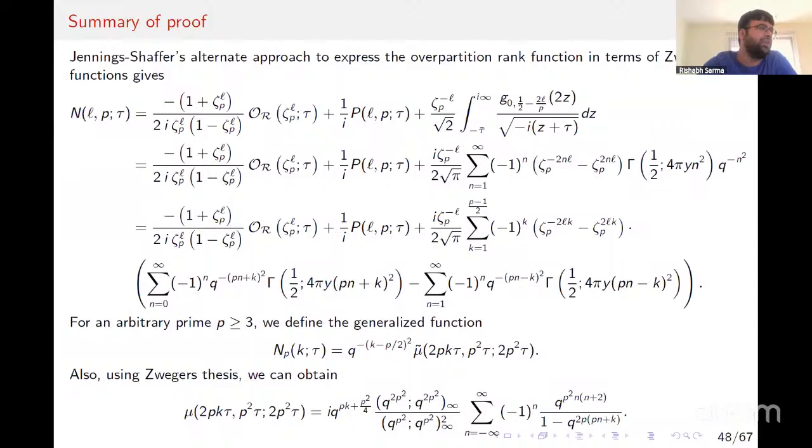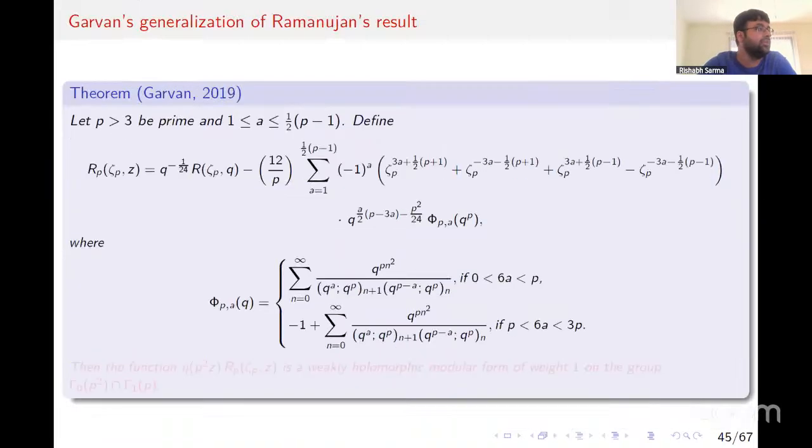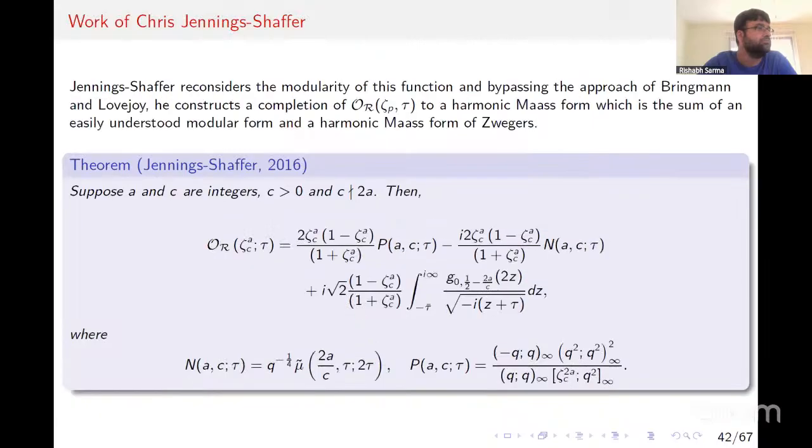I give a summary of the proof here, which I don't think I will have time to cover entirely. So instead, what I would like to say here is that what happens over here is to prove that it is weakly holomorphic. If I go back to the breakdown of the overpartition rank function due to Jennings-Schaefer, we see that the object P here is nice.